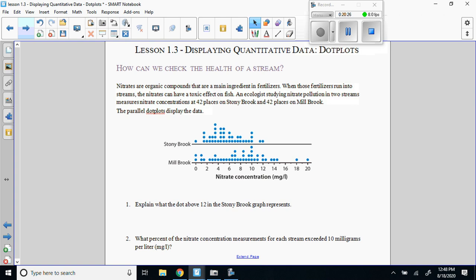Explain what the dot above 12 in the Stony Brook graph represents. Here's 12, right? So we'll go straight up. What does that right here represent? What is it trying to tell you?